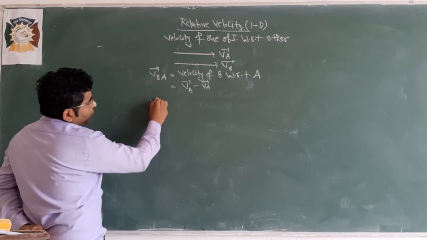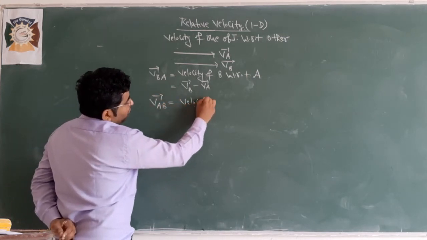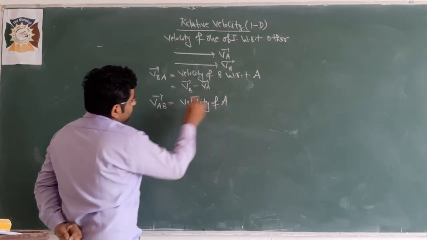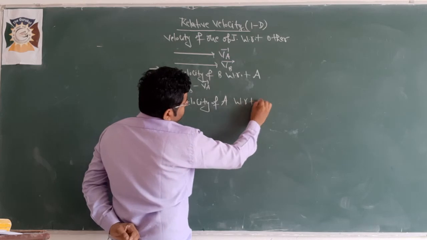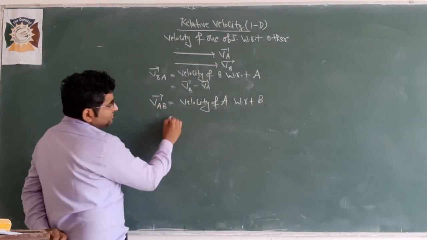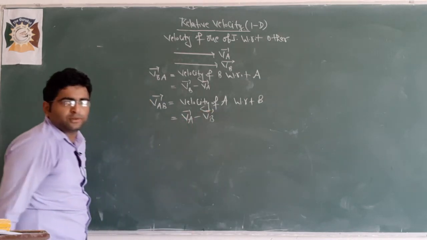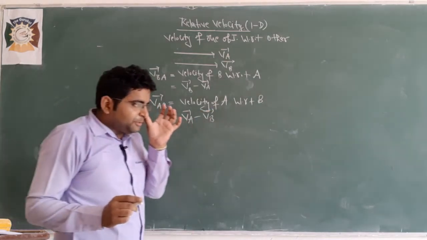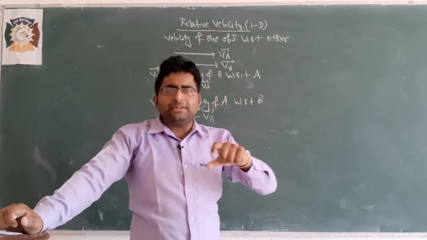And beta, VAB represents velocity of A with respect to B, and it is equal to Va minus Vb. Clear?